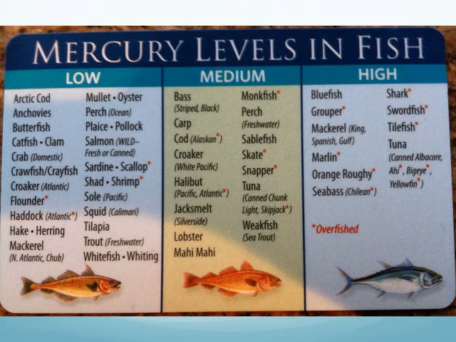You can see a lot of the fish in this category are overfished. Almost all of the tuna species are overfished. You can see swordfish, shark, sea bass, marlin, grouper. All of these are overfished in the wild.